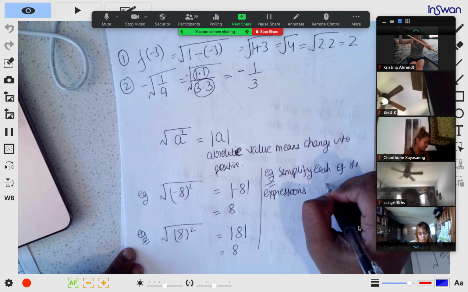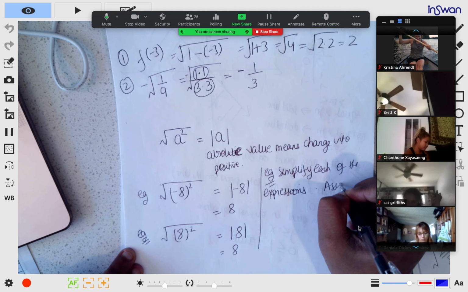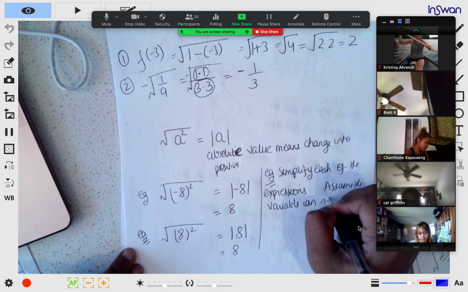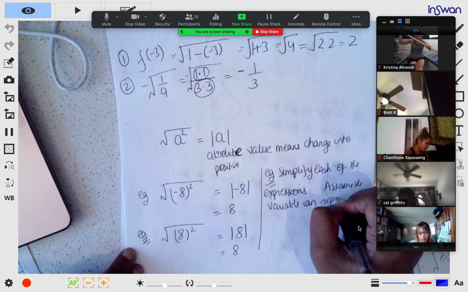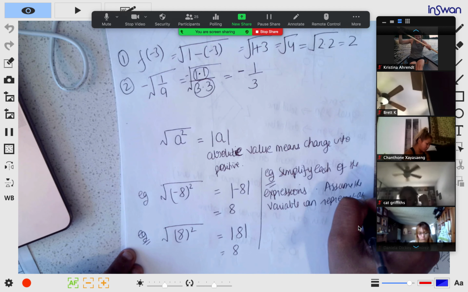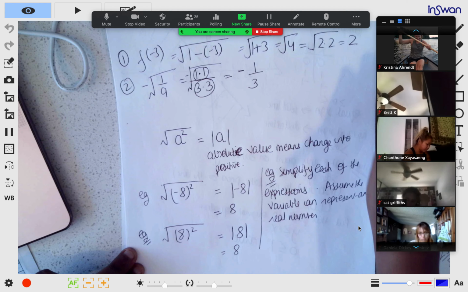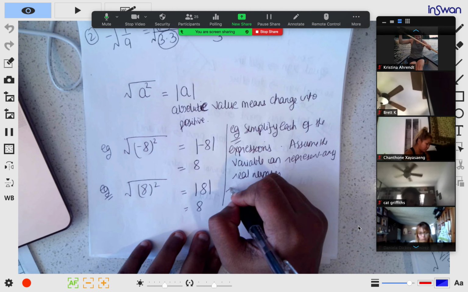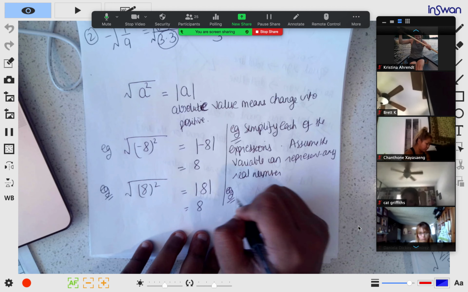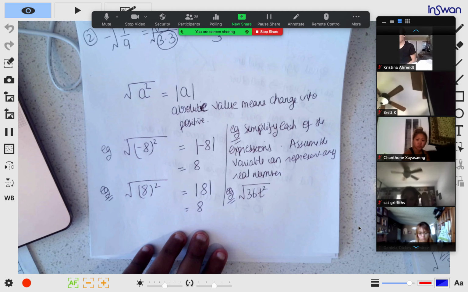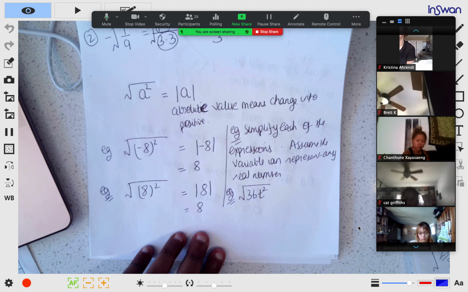Assume the variable can represent any real number. So the example they are giving is you have to find the square root of 36t square. You have to find the square root of 36t square.